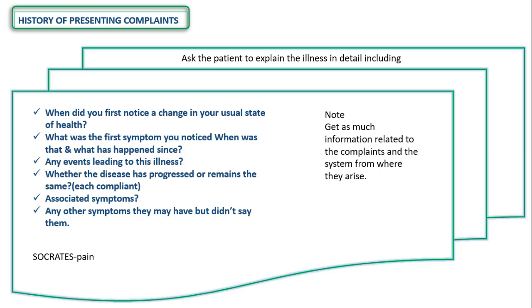Is light making it worse? Is being in a dark room making it better? If it's pain on the leg, you ask where the pain is located, how is the pain, is it a burning pain? I'll make another video specifically on how you can describe pain.